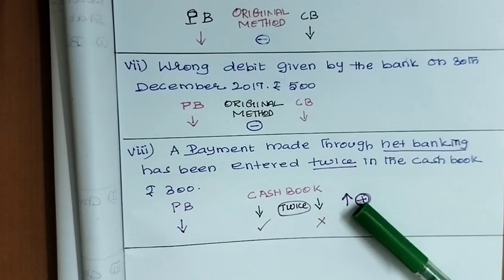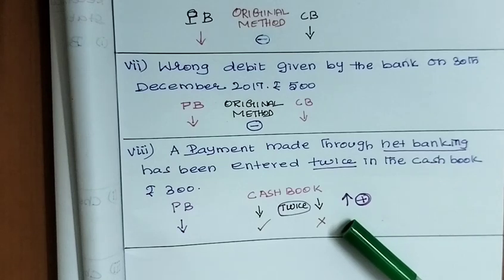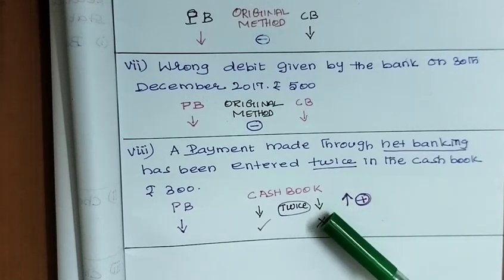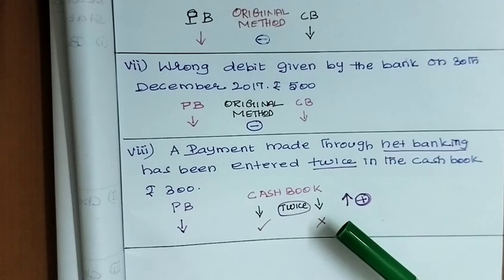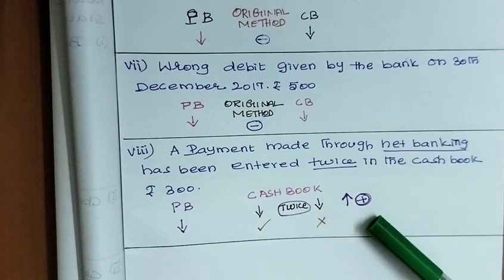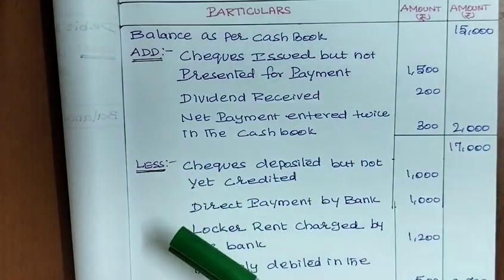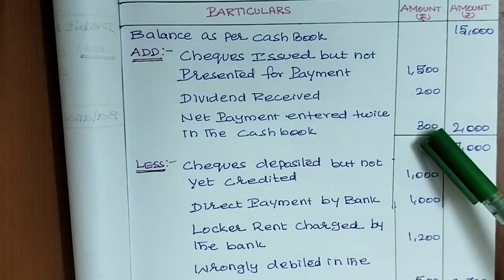Okay, then only the bank reconciliation shows the same balances on both the cash book and the passbook. So for that, the second time entry, the decreased entry will be increased. Now we rectified that error. Okay, so this transaction is to be added. So in the add column you have to write: net banking payment entered twice in the cash book, 300 rupees.